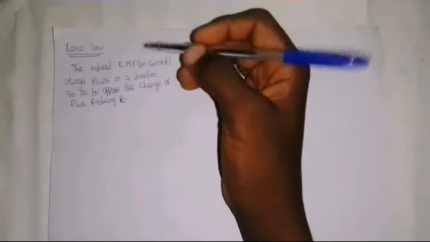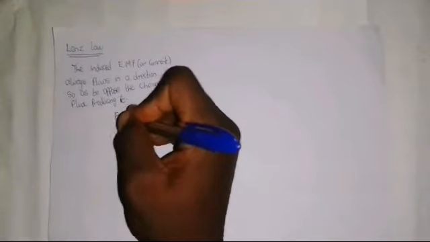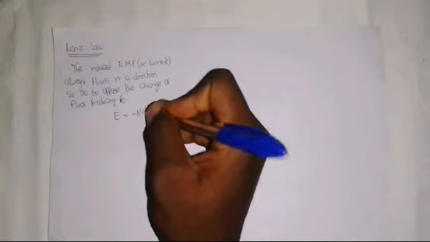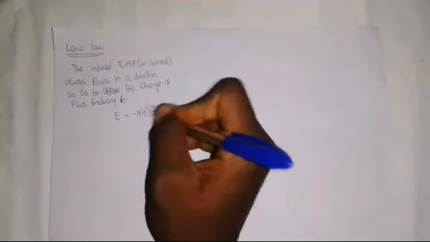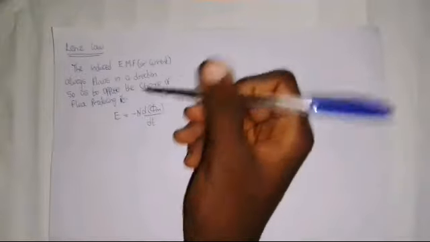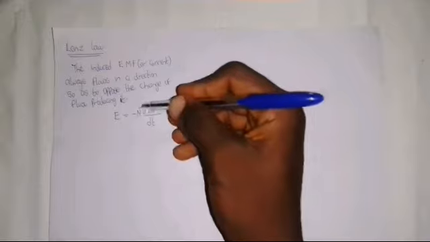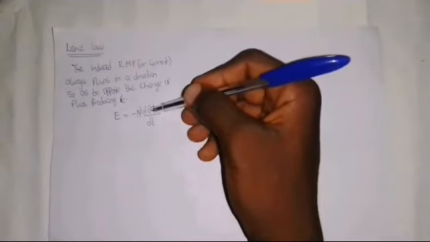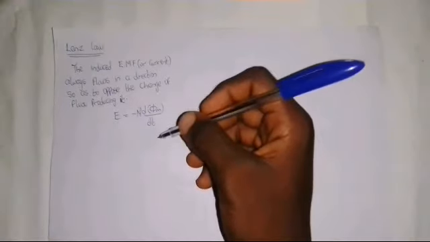Now this is very true because E is equal to minus N dΦ/dt. Now there's something I did not explain initially. I didn't explain what this N meant, or what this magnetic flux meant.